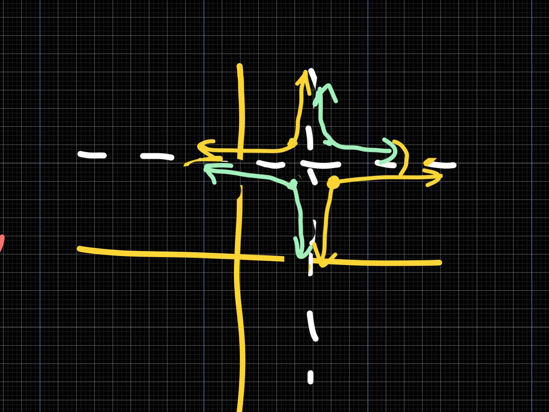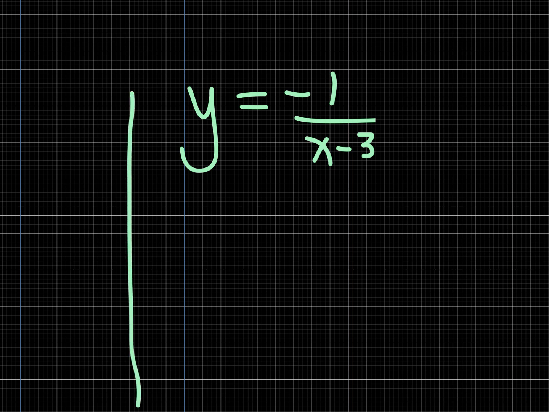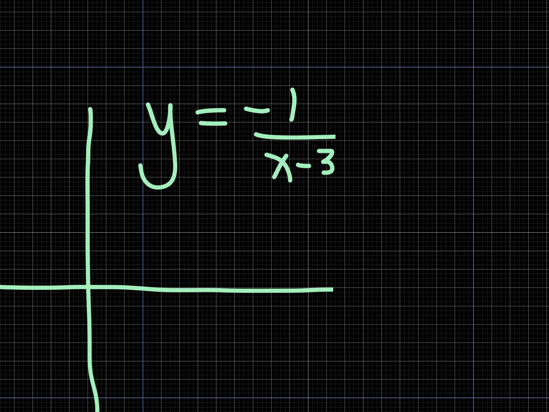All right. So let me give you one like that. Everybody write this one down. y equals negative 1 over x minus 3 this time. Everything is going to go along the same for the asymptotes. If I were you, I'd write out HA and VA in those two spots because the vertical's down there by the x. Once you get the asymptotes in there, remember that the dots have to flip to the new spots.